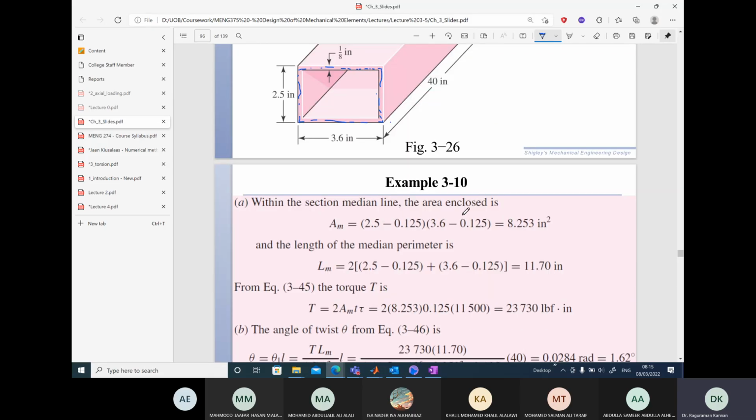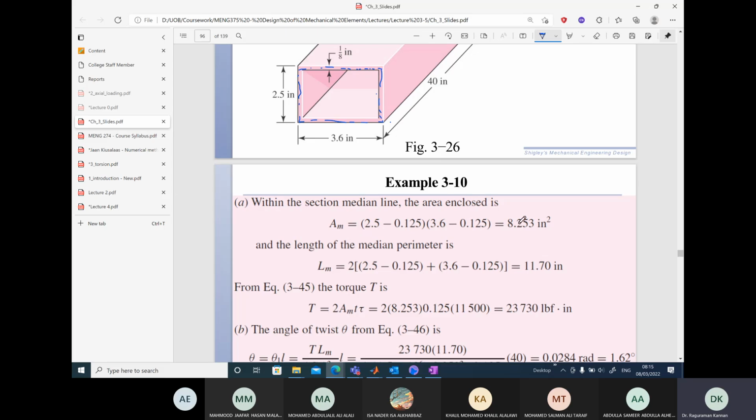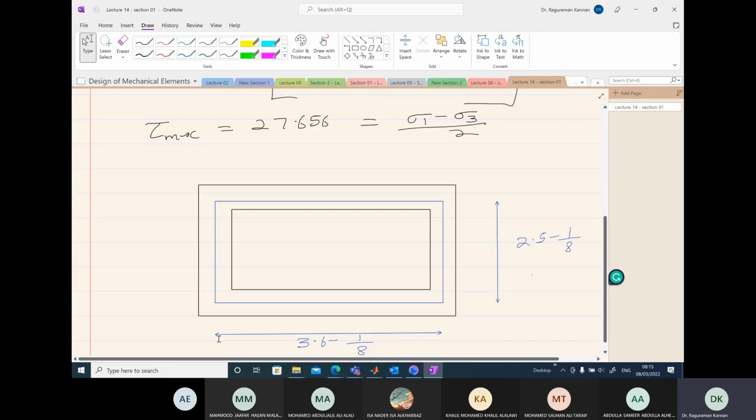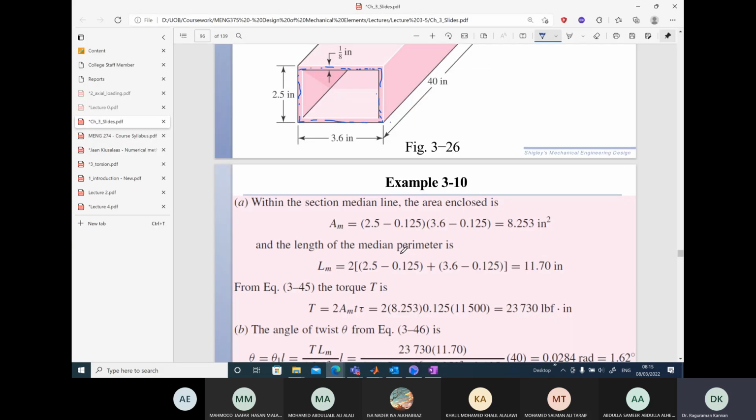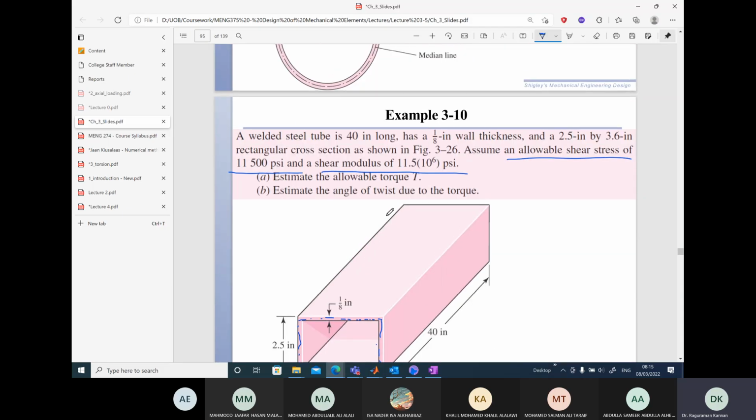Okay, so 2.5 minus this, multiply these two lengths and calculate the area inside the blue rectangle. Okay, so this is the area. The perimeter will be nothing but this length plus this length times 2. Okay, so that's what we are doing here and here. So we have the lengths, and tau allowable can be easily evaluated. There is nothing here, not very difficult problem.